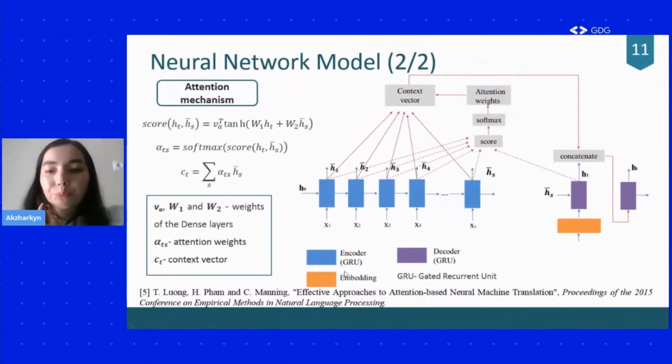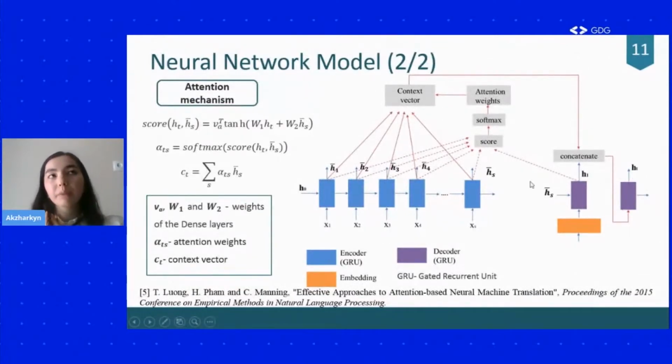So if in the previous sequence to sequence model we pass inputs, take the last hidden state of the encoder and pass it to the decoder, in attention mechanism we use inputs all the time, like information about inputs at each time step.